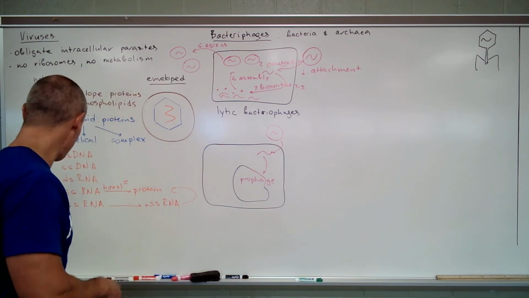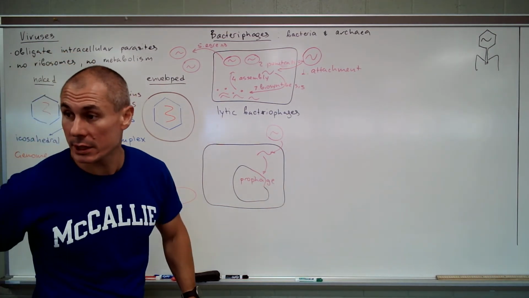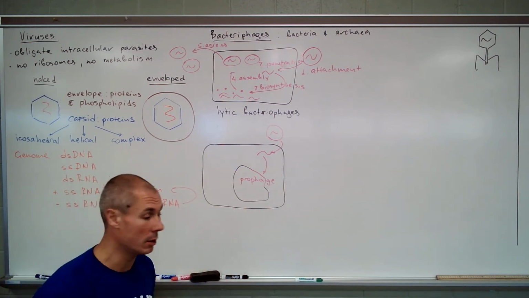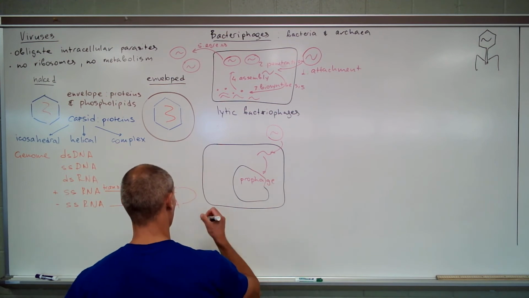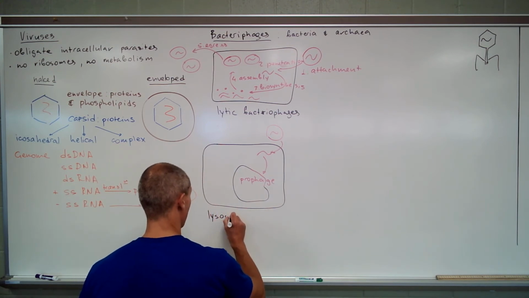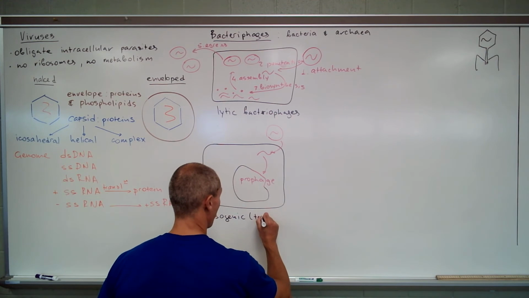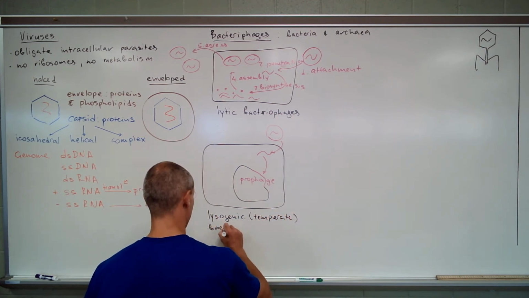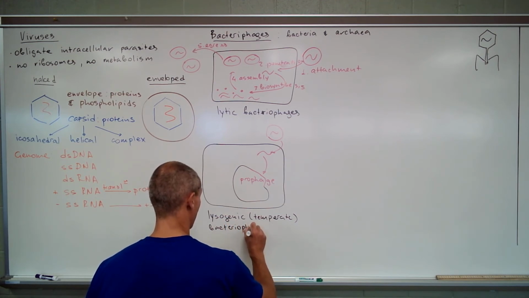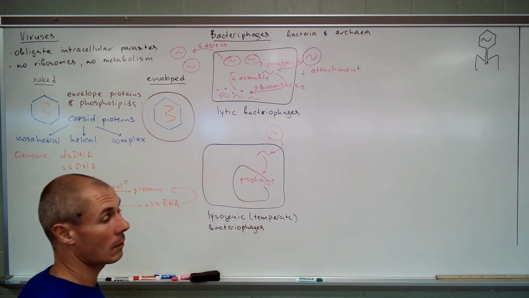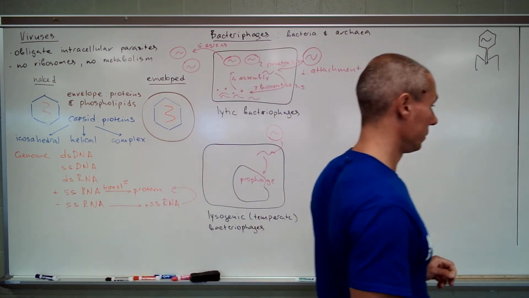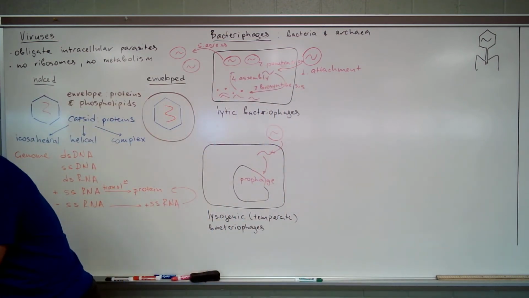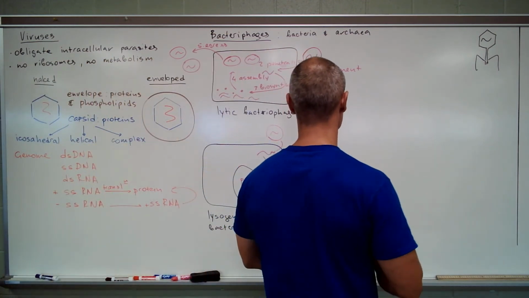So these bacteriophages that don't kill the cell immediately, whose genome gets incorporated into the chromosome, are called lysogenic or temperate bacteriophages. So far, does that make sense to you all? Okay, good? All right.